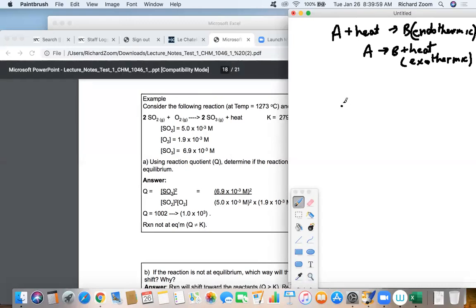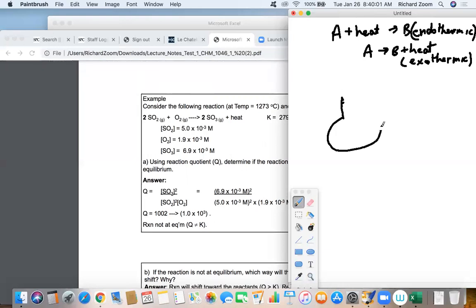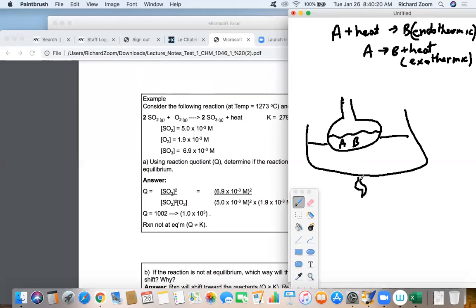So there's two cases that we're going to be looking at. We've got a reaction here that's got reactants and products, and let's say they are at equilibrium. Then we can put a fire underneath it. That's a flame, by the way, heating the reaction mixture.